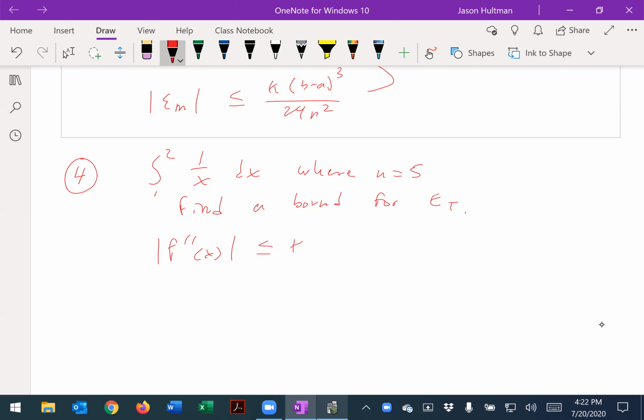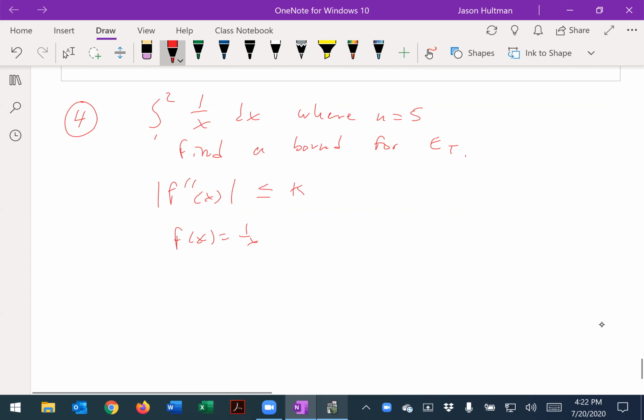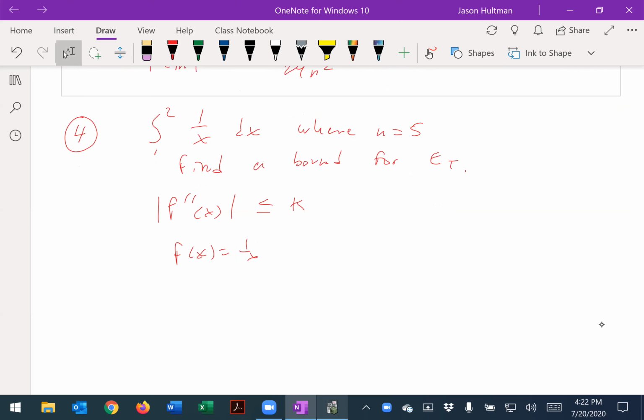So if f of x is equal to 1 over x, then f prime of x is equal to x to the negative first power. Then f double prime of x is negative 1 times x to the negative second power, and f triple prime of x is 2x to the negative third power, which is equal to 2 over x cubed.